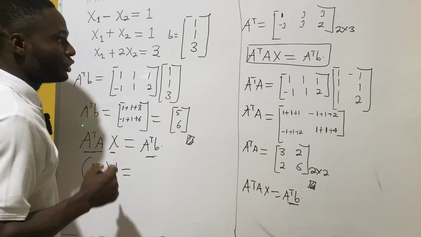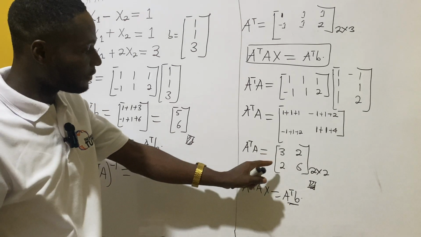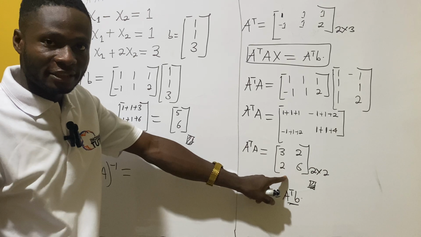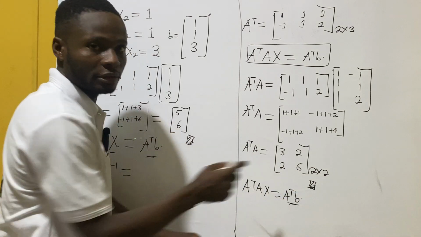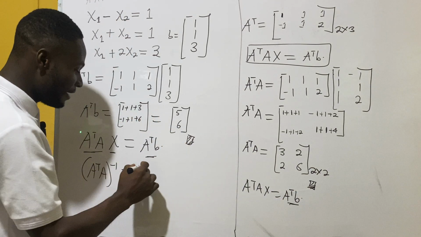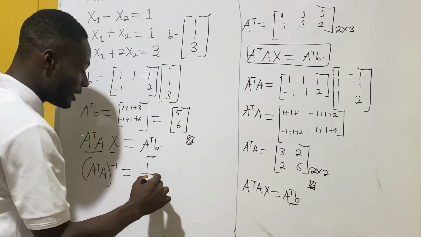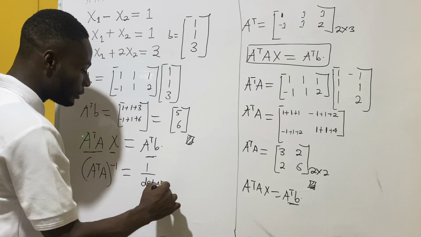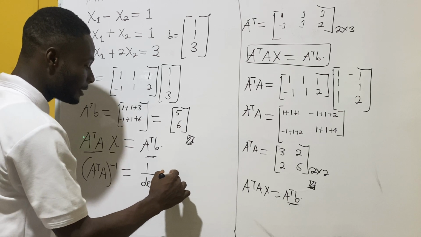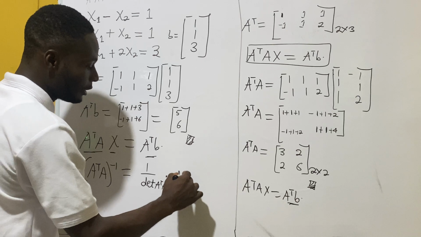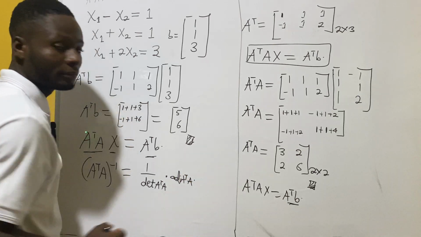So what do we do? We have A transpose times A here, so we need the inverse of this matrix. Okay, so the inverse of that is going to be 1 over the determinant of A transpose times A, times the adjoint of A transpose A, right?